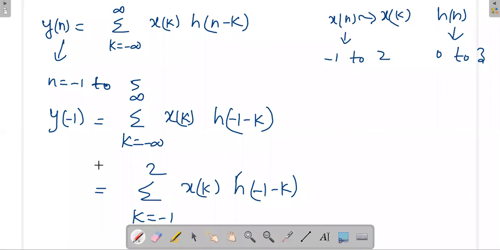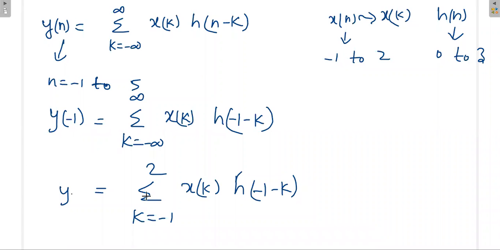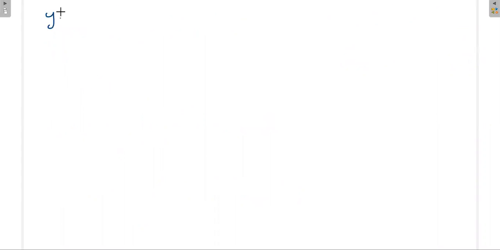So now we are having y of -1. That means summation k goes from -1 to 2, x of k, h of -1 minus k. Let's rewrite that: y of -1 is equal to the sum over k from -1 to 2 of x of k, h of -1 minus k. Just substitute the value of k.